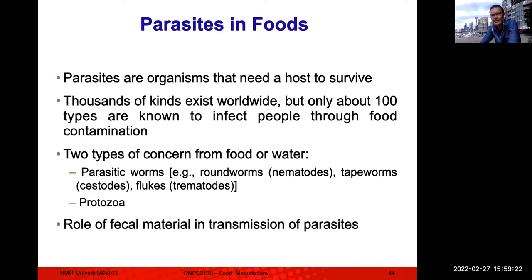While thousands exist, only about 100 are known as foodborne contaminants. And as I've already mentioned, parasitic worms, tapeworms, roundworms, flukes, those sorts of things, as well as protozoa are the types of parasites that are of concern from food or water. And again, it's fecal material that tends to be most often implicated in foodborne parasitology.